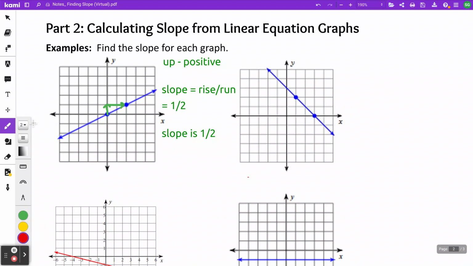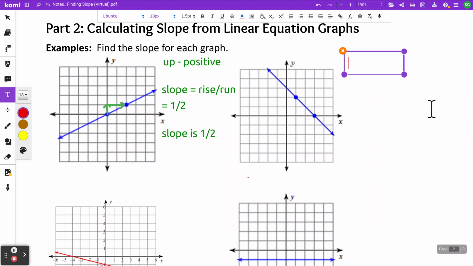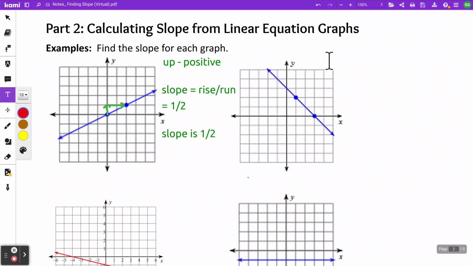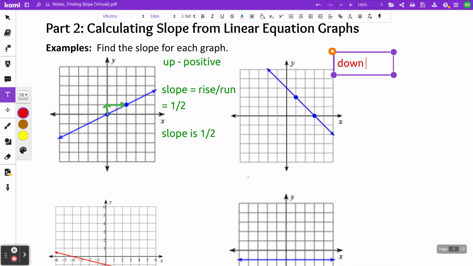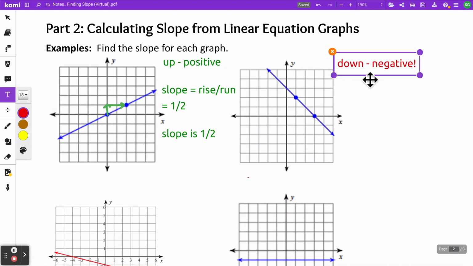On our second graph here, it might help you, just like it helps some students I've had in the past. When you look at this graph, what's the first thing you notice about the direction? This graph here from left to right is going down. That means our slope is negative. So you might write that on your paper just to make sure you've got that negative sign in your answer.